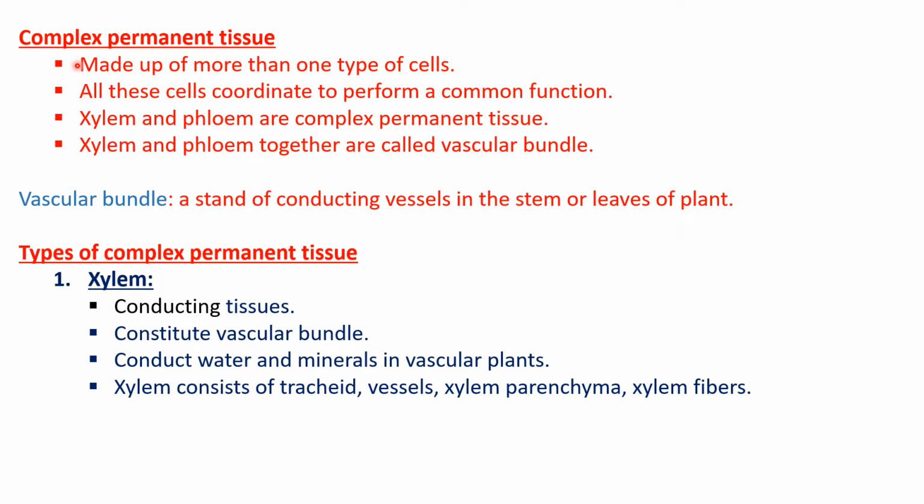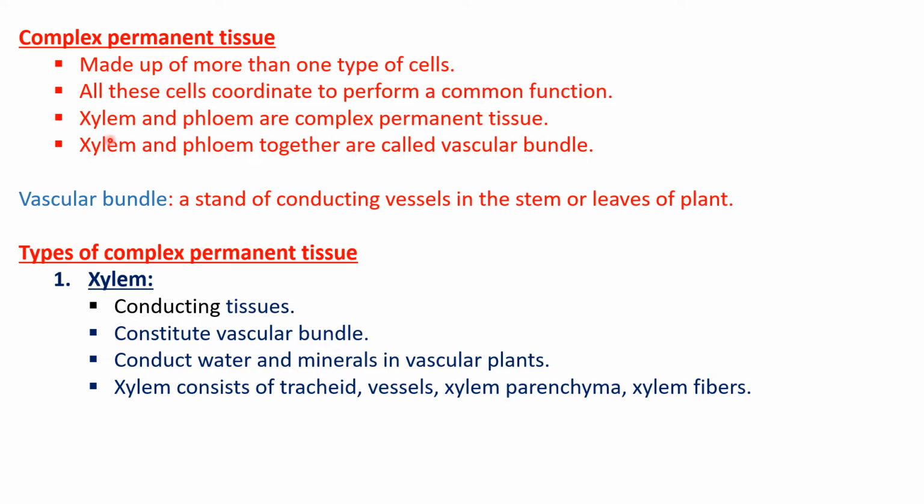Now we start with complex permanent tissue. First point, it is made up of more than one type of cells. In the previous video, we saw that simple permanent tissue consists of a single type of cells. But in complex permanent tissue, more than one type of cells is present. All these cells coordinate to perform a common function.